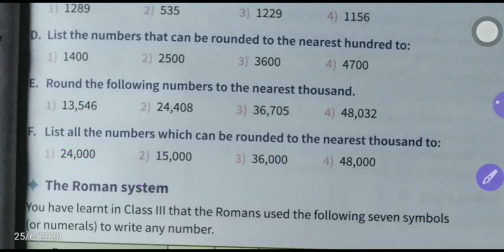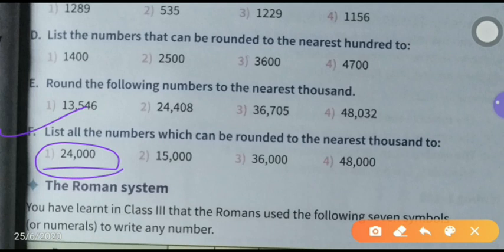Next, F number you see. List the numbers which can be rounded to the nearest thousands. 24,000 is given. 24,000 will come from where? From 23,500 it will start. If you round off 23,500, you will get 24,000.